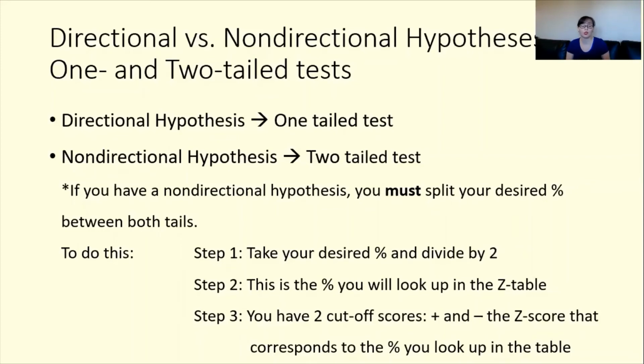So now I have two cutoff scores, positive and negative. So I would look up the percent that corresponds to 2.5, and I would find out that the z-score that corresponds to 2.5% on my z-table is 1.96. And so now I'm going to have a positive 1.96 and a negative 1.96. And those together are going to be my cutoff scores if I have a non-directional hypothesis.